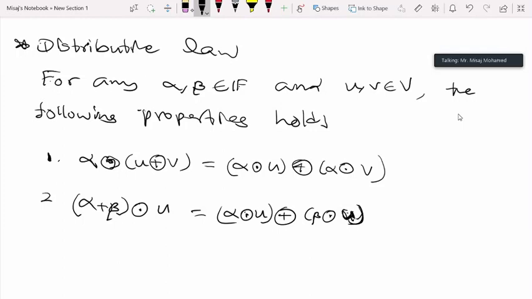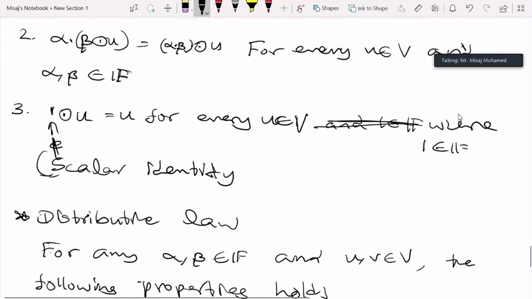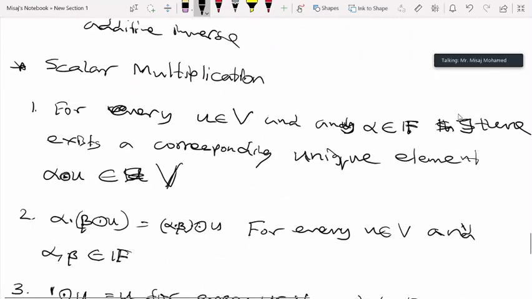So these 10 properties, how many properties? 10 properties. If these 10 properties hold, what do we say?